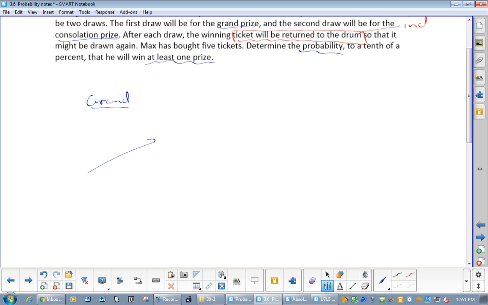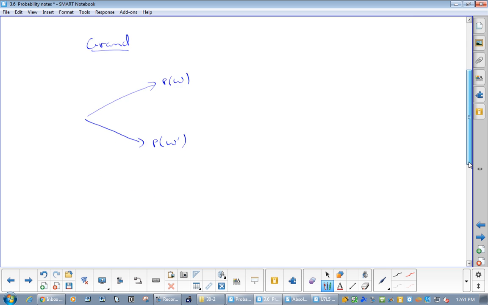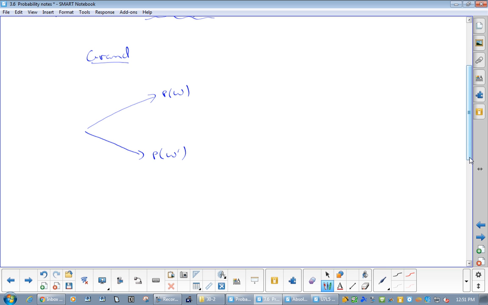Now, we have the probability of winning and the probability of losing, or not winning. It's a lot more positive to say not winning.